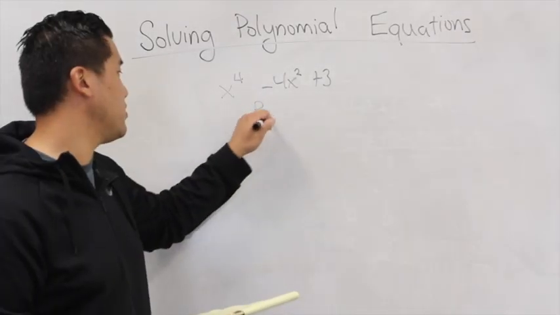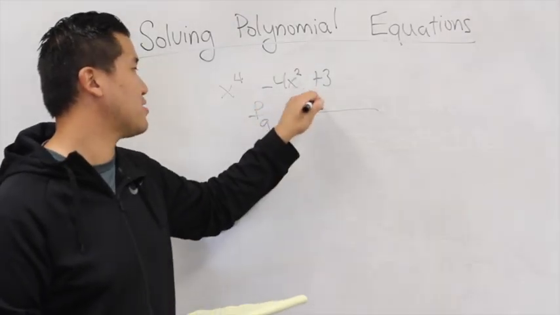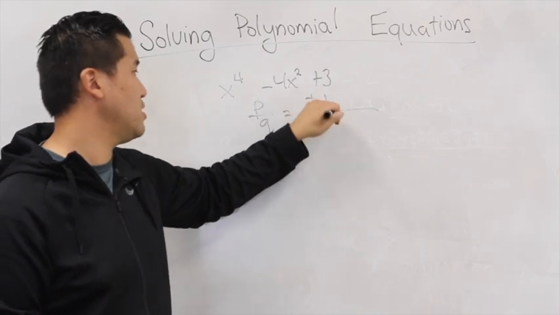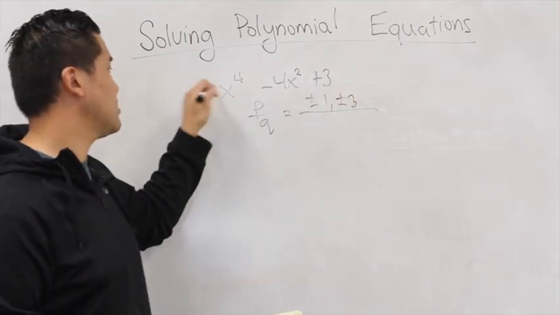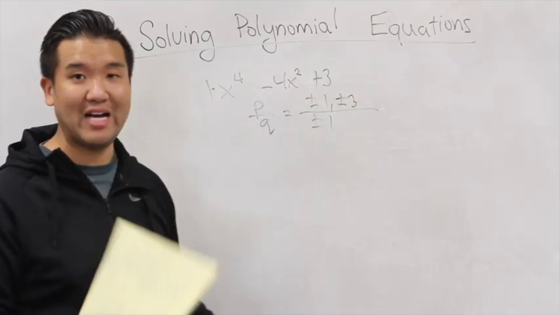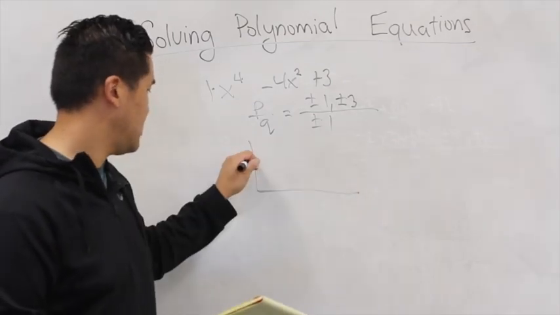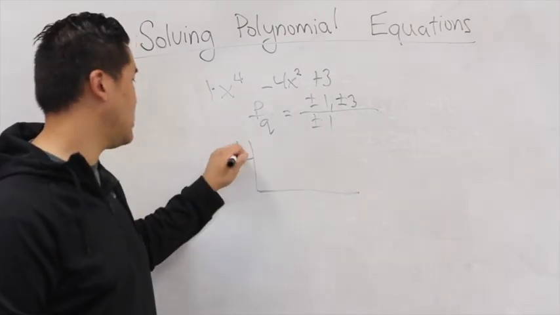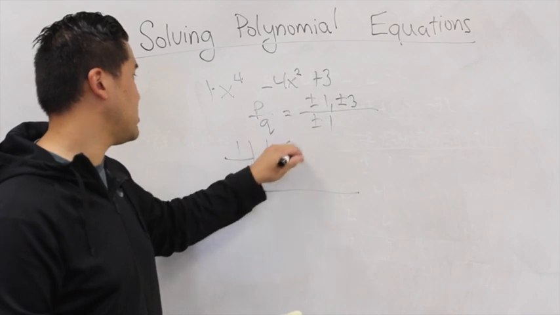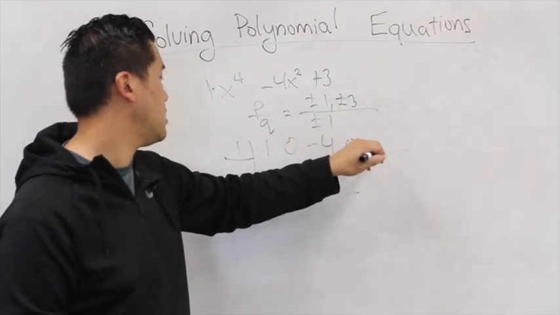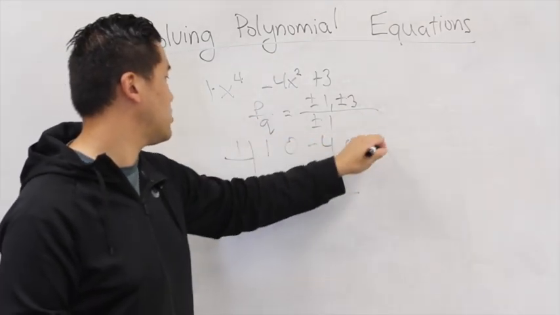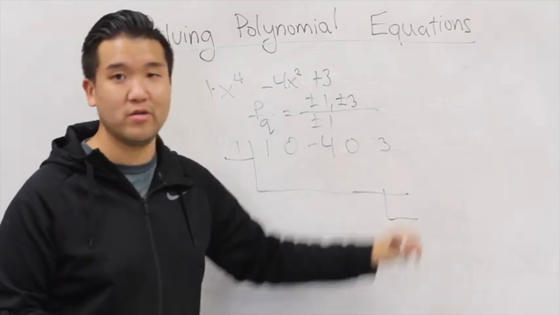Okay, P over Q. So you have what? Factors of 3, which is plus or minus 1, plus or minus 3. Factors of your leading coefficient, which is 1. Not too many to check, which is good. Let's test 1. Don't forget your zeros. So x to the 4th, 0, negative 4, 0, 3. We're going to test it.